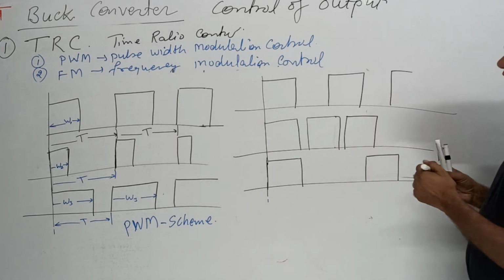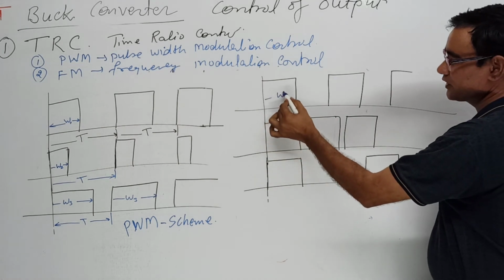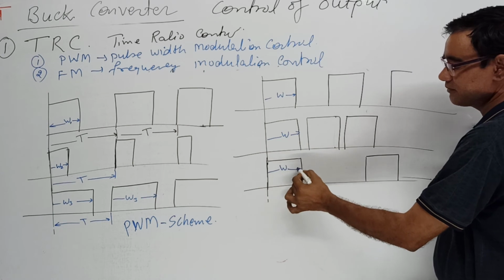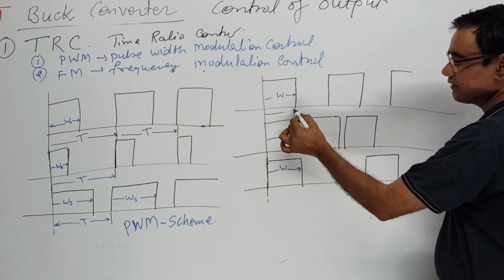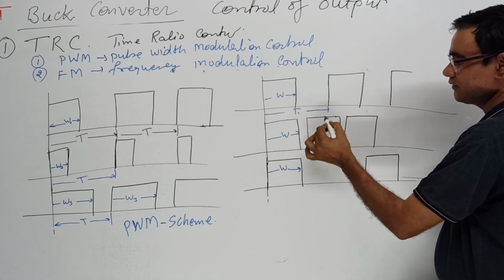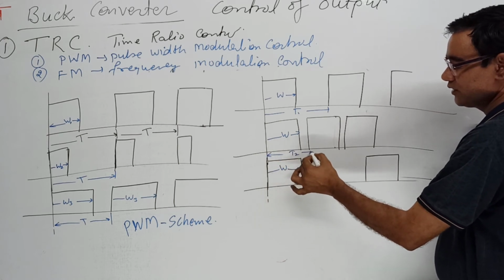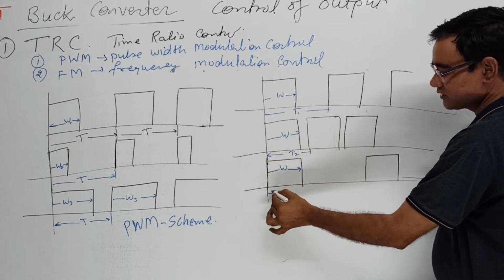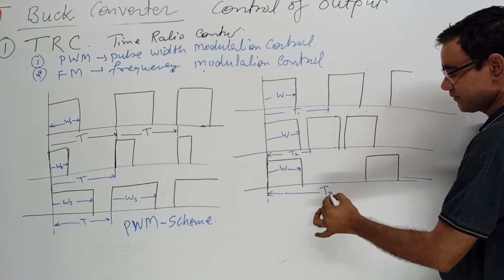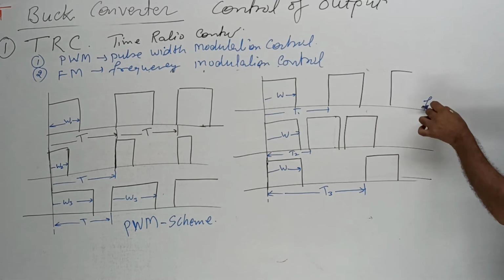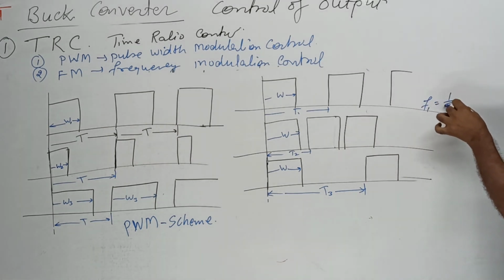So here this is the pulse width W, here the pulse width W, here the pulse width W. But here the time duration of a cycle is T1, here the time duration of a cycle is T2, here the time duration of the cycle is T3. So the frequency is F1, that is 1 upon T1.